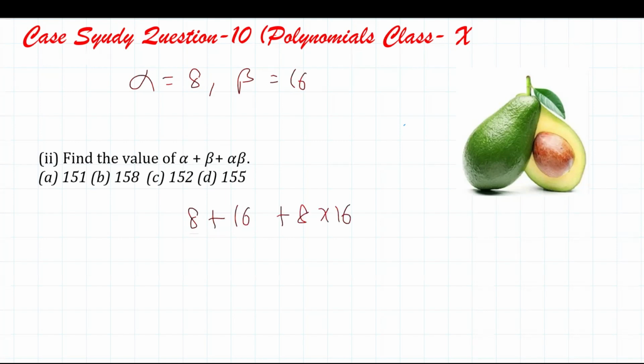So this is 24 plus 8 into 16, which is 128. What I did here, I just replaced alpha and beta. Their sum is 128 plus 24, that is 152. That was option C.